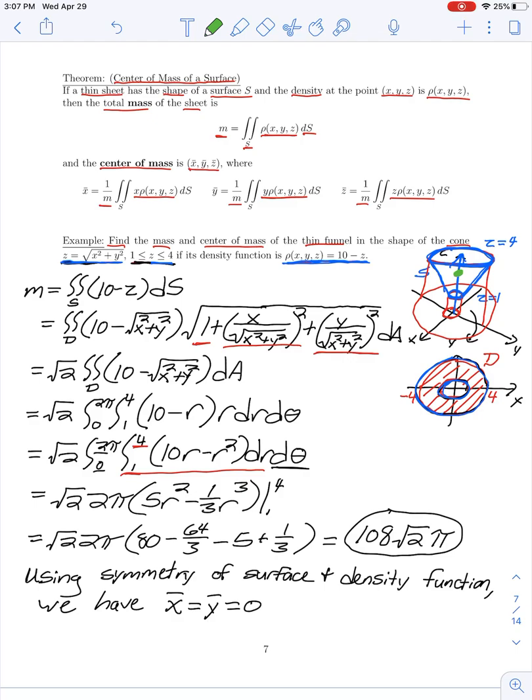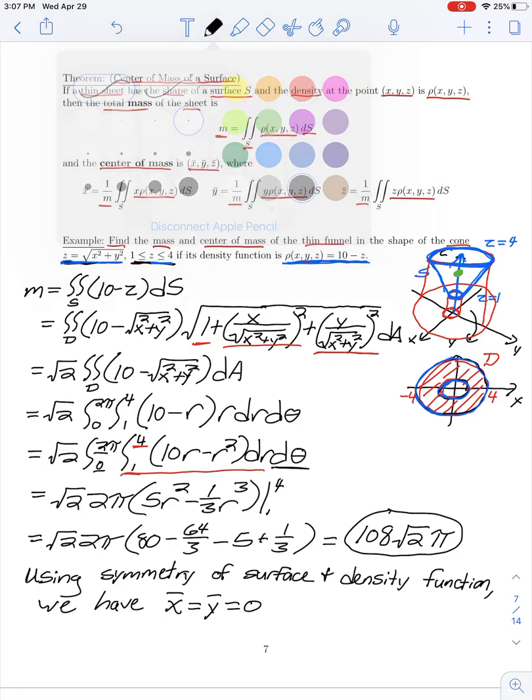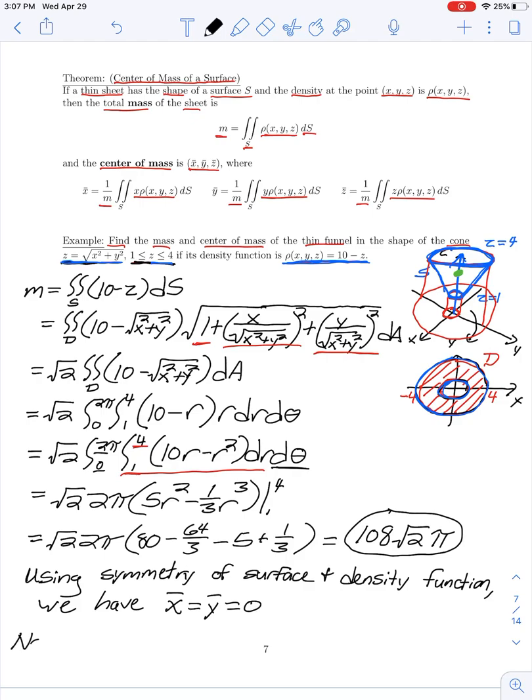Now, to find that z-coordinate, we need to set up the surface integral for that z-coordinate. So here, our z-coordinate, z bar, is given by 1 over the mass. So here, 1 over 108 root 2 pi times the surface integral over the surface S of z times our density function.